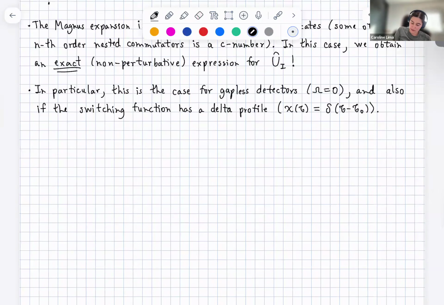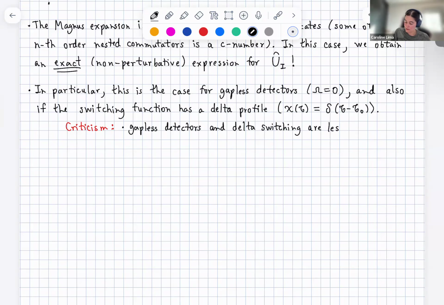So as I mentioned, there's some criticism that gapless detectors and delta switching are less realistic or less physical.